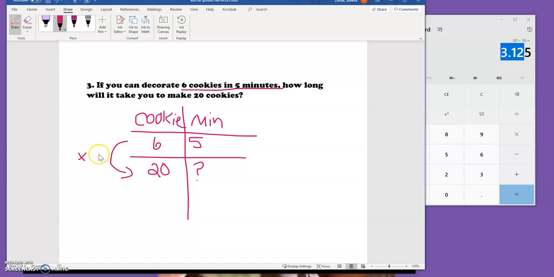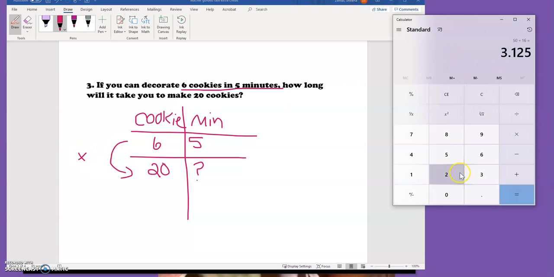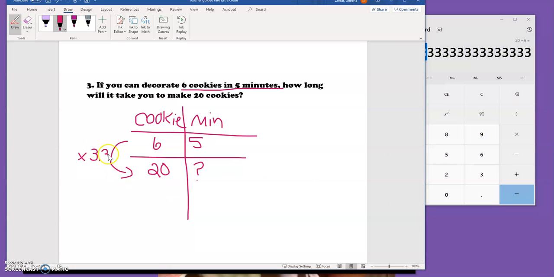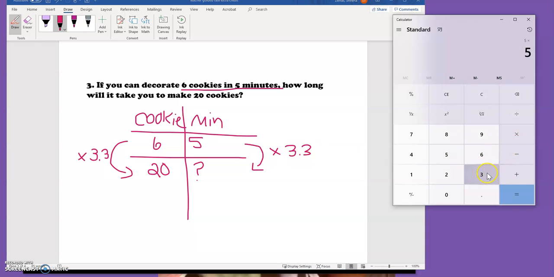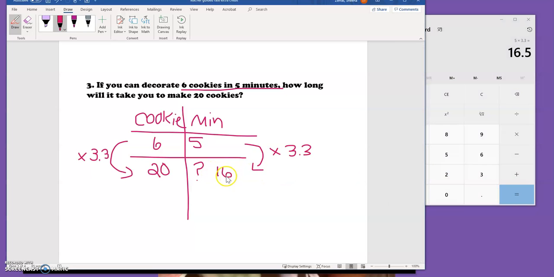So to figure out 6 times what is 20, I will actually do 20 divided by 6. And when we get a decimal, I'm just going to give myself 1 decimal point here. That would be fine. Times 3.3. And so then if I multiply that side, I'm going to do the same thing here. 5 times 3.3, and I get 16.5.